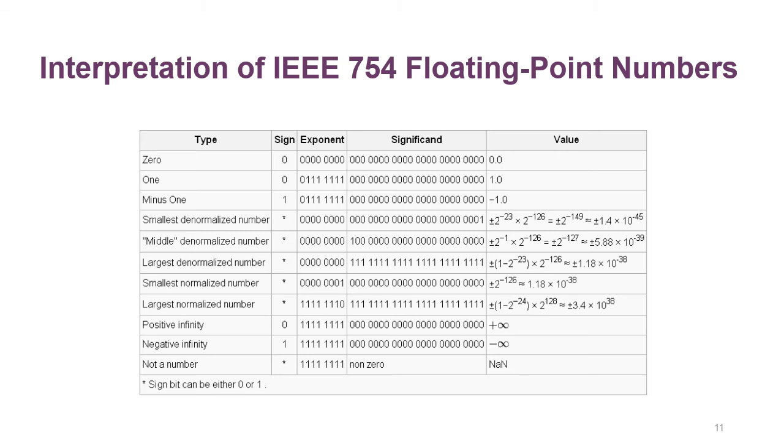Interpretation of IEEE 754 floating point numbers. These are some typical cases of IEEE 754 floating point numbers, and these are reserved cases. For example, if we represent a zero in IEEE 754 floating point format, then the sign, exponent, and significand bits are all 0.